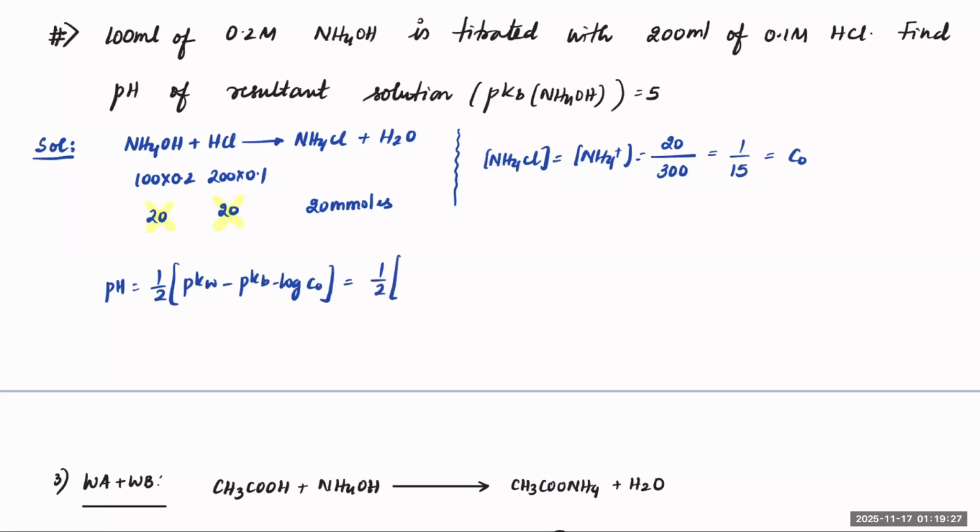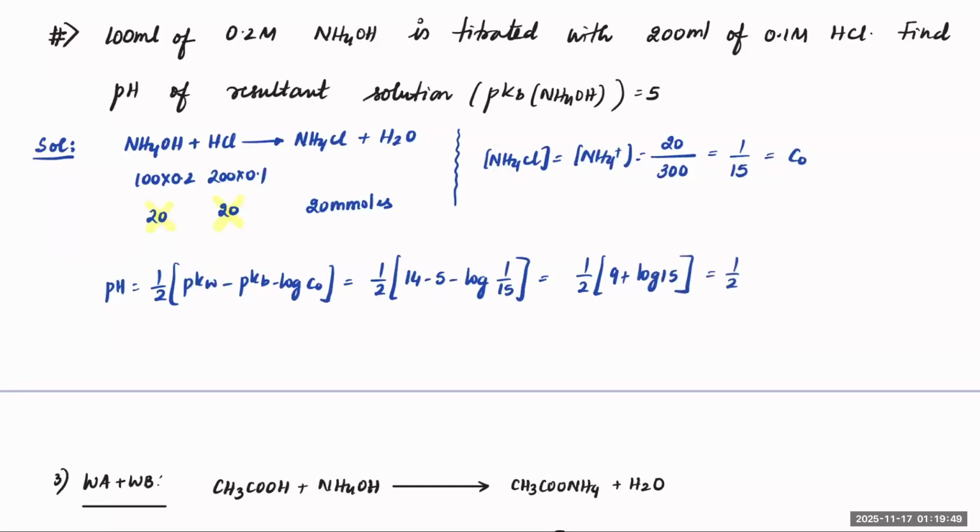That is equal to half into pKw is 14 minus pKb is 5 minus log of C naught, which is 1 by 15. So that is half into 9 minus, sorry, 9 plus log of 15.